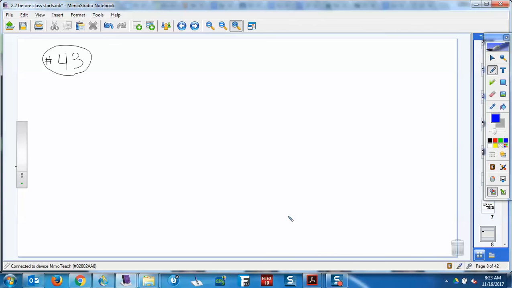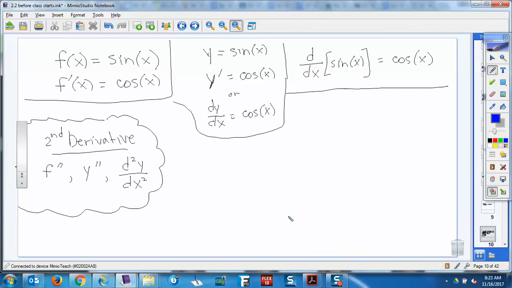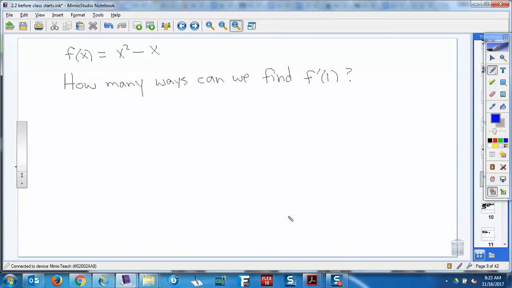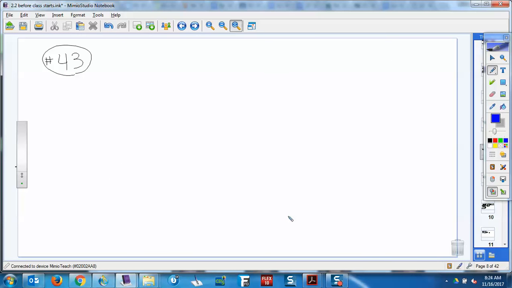So I was going to look at 43 maybe, I have 44 up here, so we're definitely going to do 44. But is there any value in doing 43? Some of that? Let's set that up. So that'd be the limit as h approaches 0. The function is x cubed.